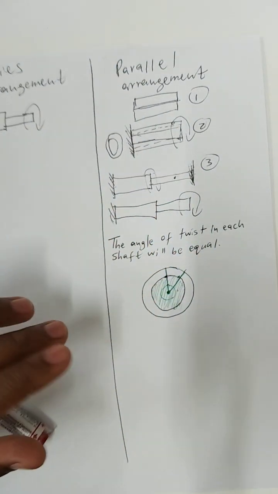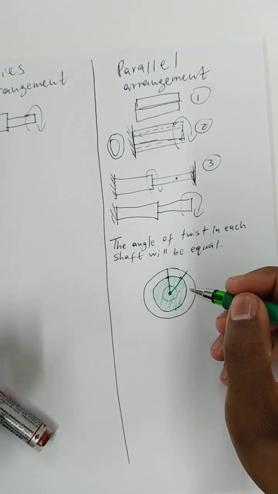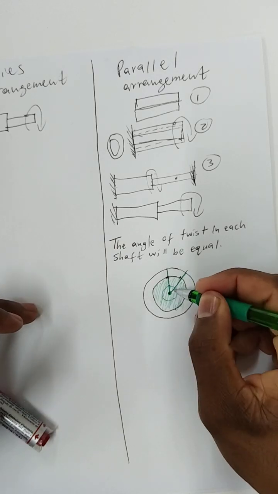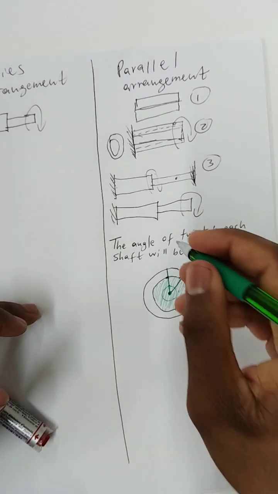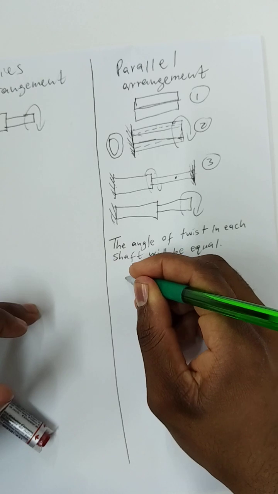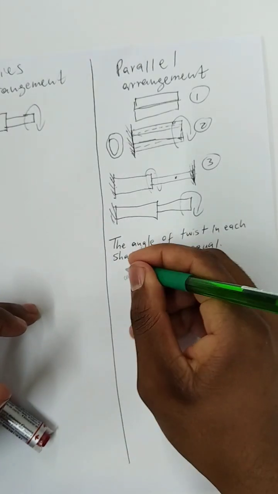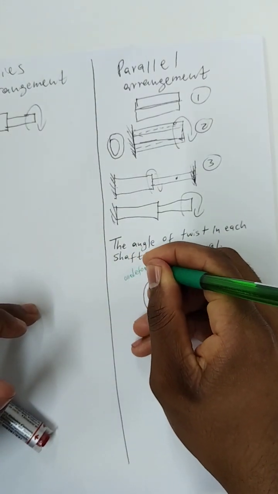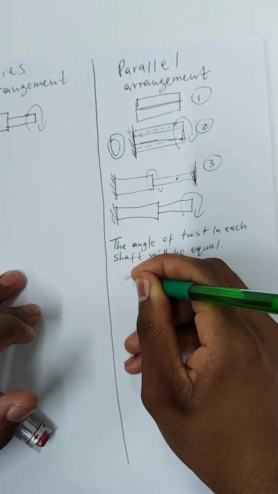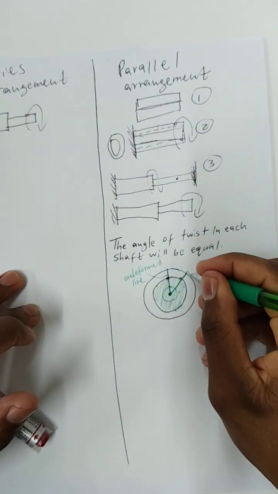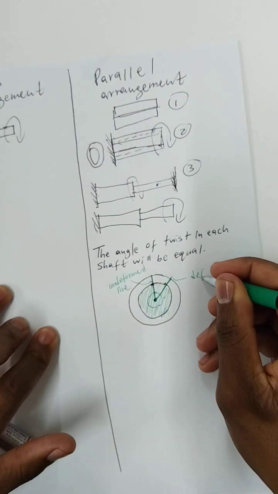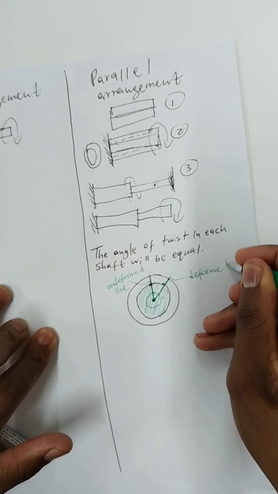So this line, undeformed line, and this deformed line, so we can say this is undeformed line, and this is what we call deformed line.